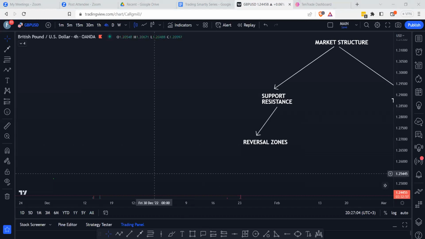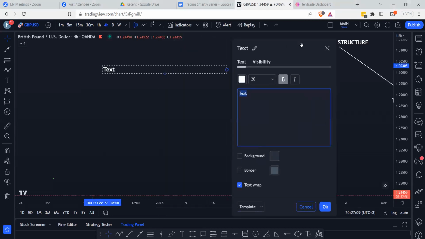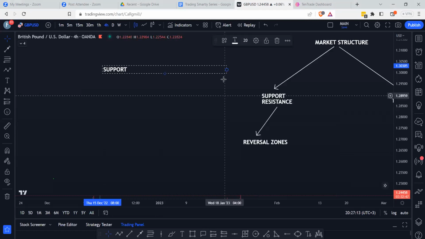Now we have support. A support is an area of the market. Remember, we said support and resistance are reversal zones in the market where price is changing direction.